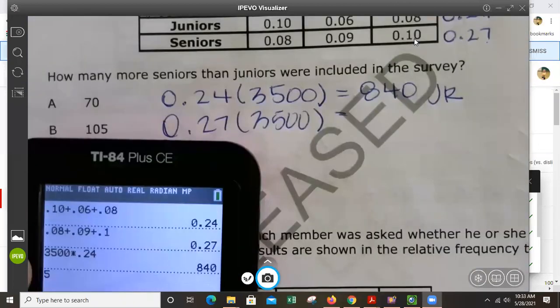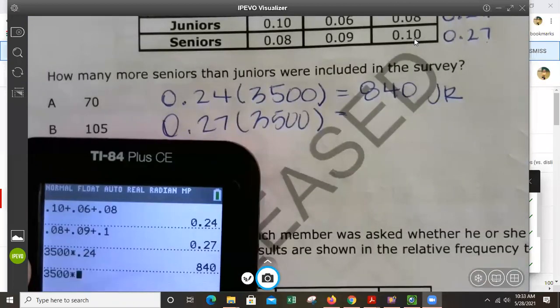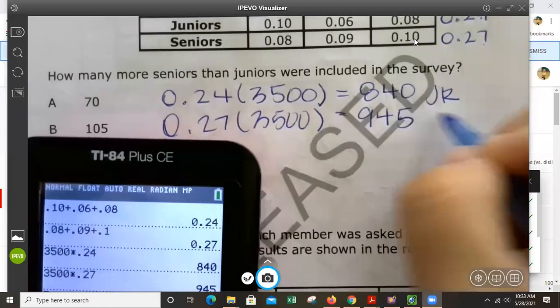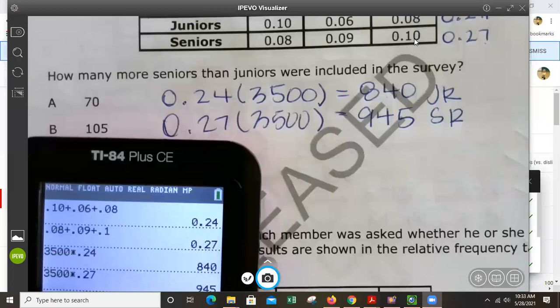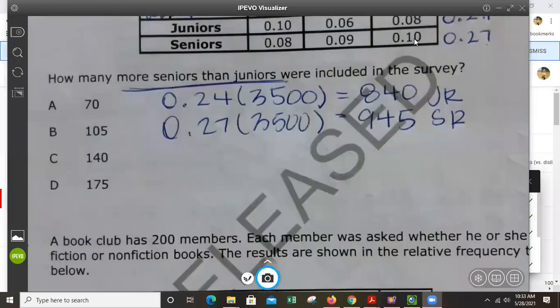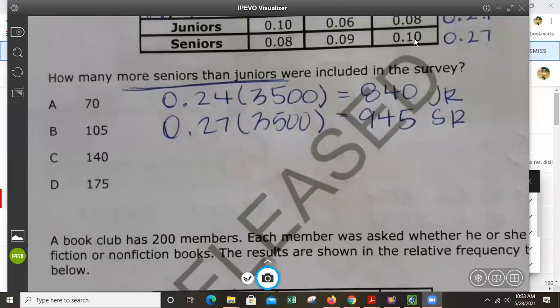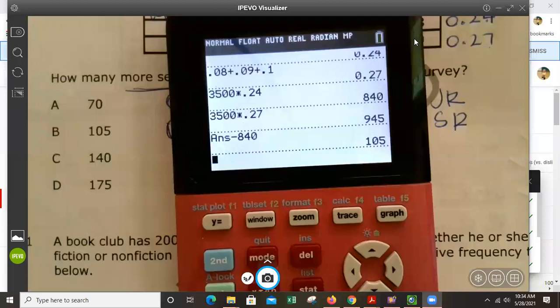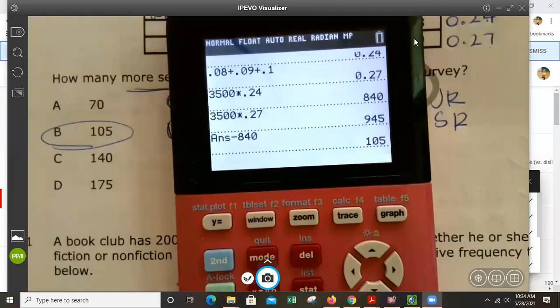So 3,500 times 0.27 gives you 945 seniors. It asks you how many more seniors than juniors. How do you do that? Subtract. So 945 minus 840 is 105.